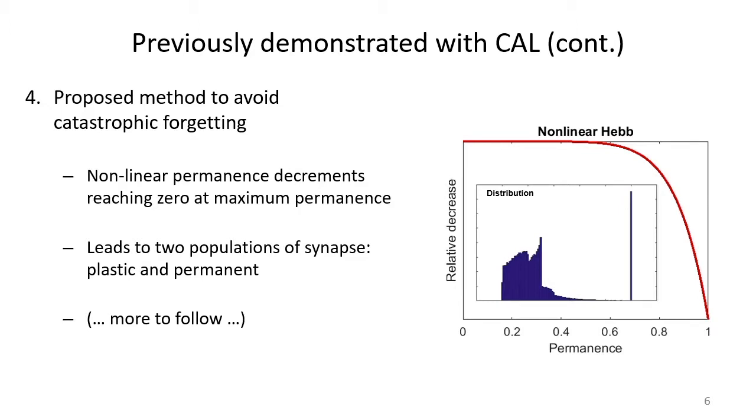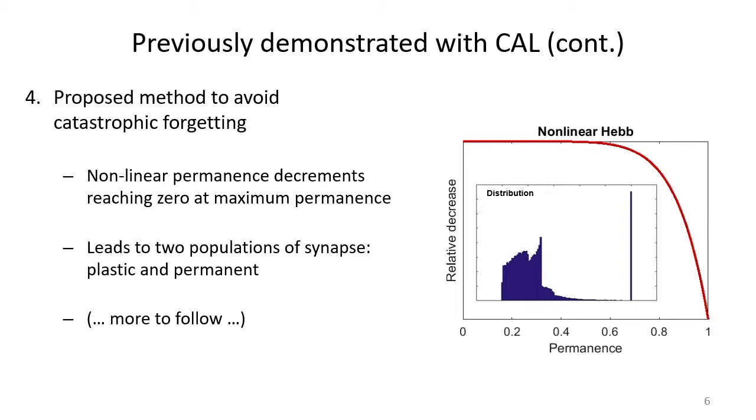So the last thing, the talk last year, was to propose a method to avoid forgetting. And that was to use, in the decrement or the anti-Hebb updates of synapses, a nonlinear magnitude in the decrement.